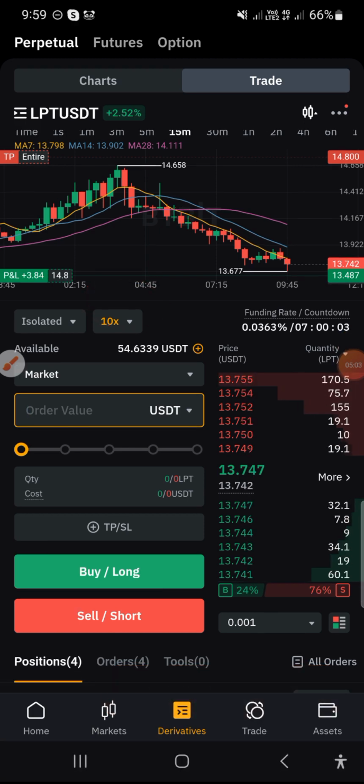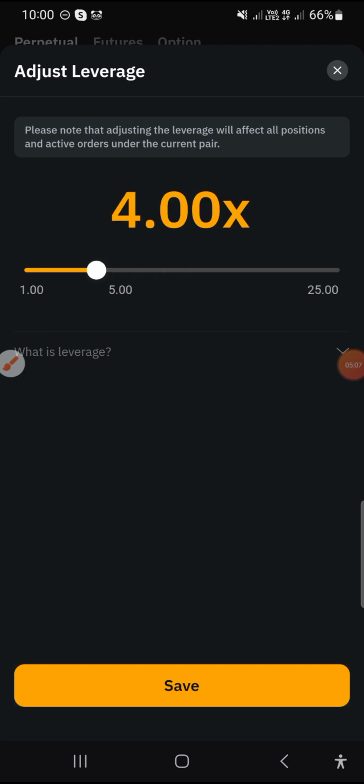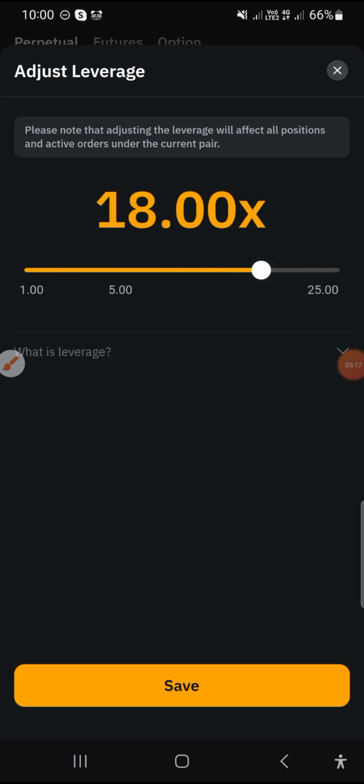If you want to use leverage, there are different options. You can use 5x, 10x, 20x, or 25x. Just toggle here and choose the particular leverage you want to trade with. But in this training, we are going to use 10x leverage as an instance. So we just select 10x.